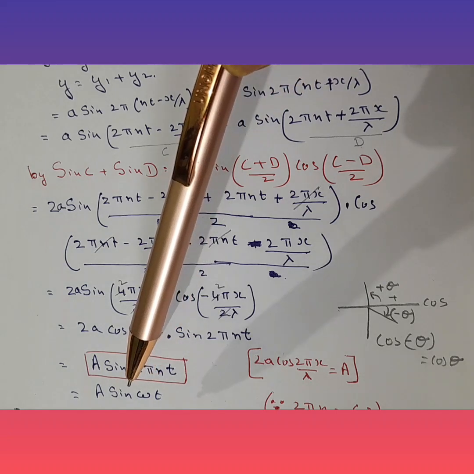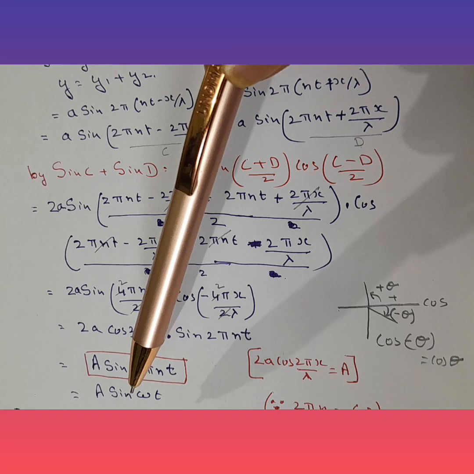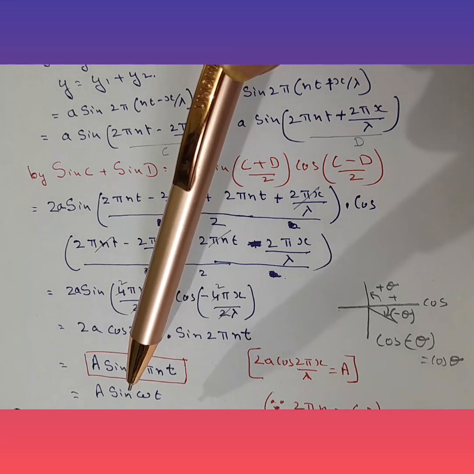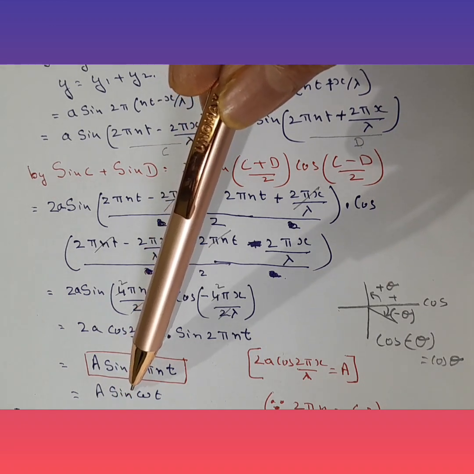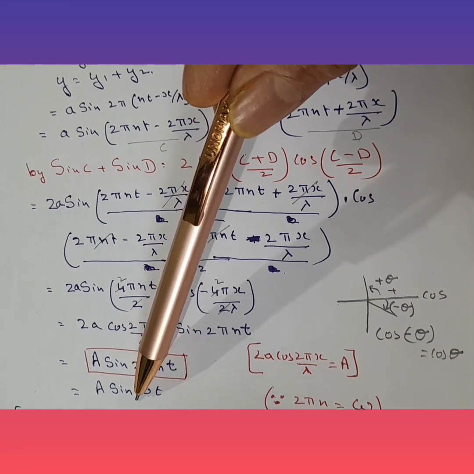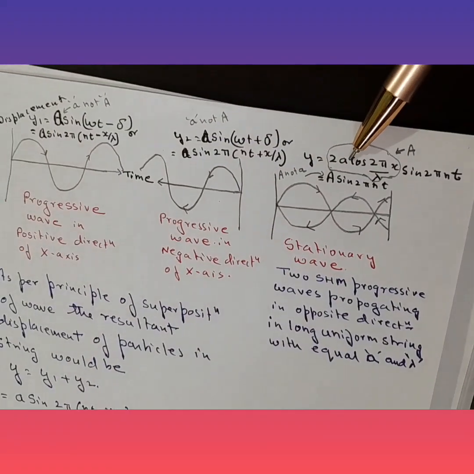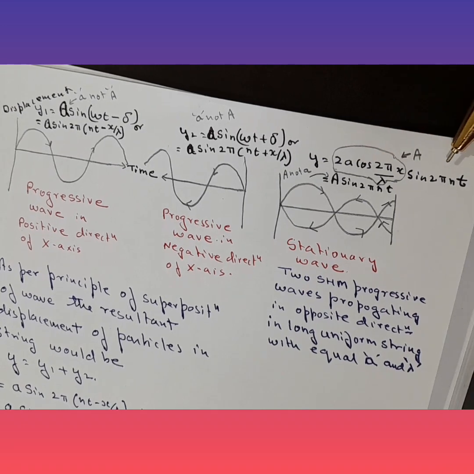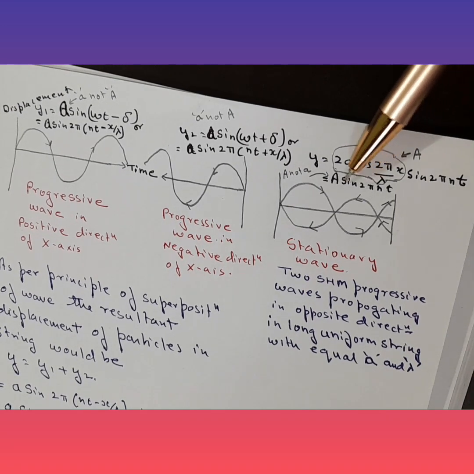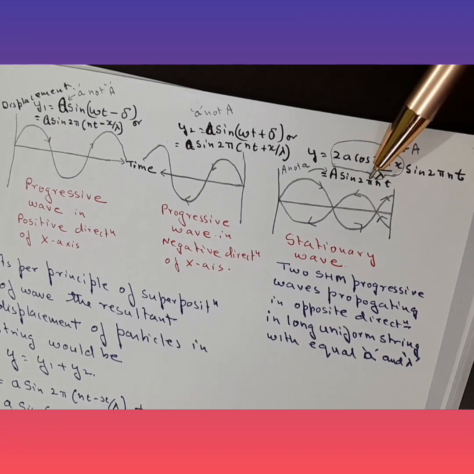So two simple harmonic progressive waves combined together give one stationary simple harmonic wave as per the formula. This is how we derive it: we derived the equation for the stationary wave, termed the amplitude capital A, and got it in terms of SHM.